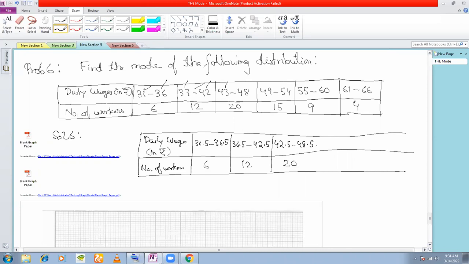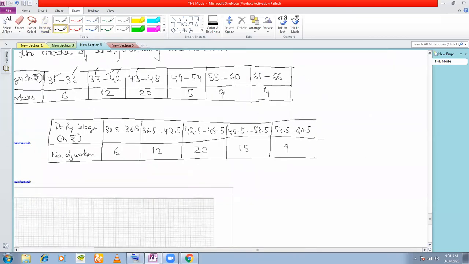What is the frequency? 20. Next 48.5 to 54.5. And what is the frequency? 15. Next you have 54.5 to 60.5, and the frequency is 9. And finally you have the last class boundary, which is 60.5 to 66.5, and the frequency is 4.